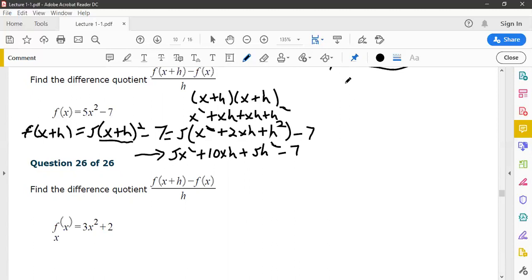So we have, again, this answer, which is 5x squared plus 10xh plus 5h squared minus 7, minus, and remember, in parentheses, 5x squared minus 7, all over h.